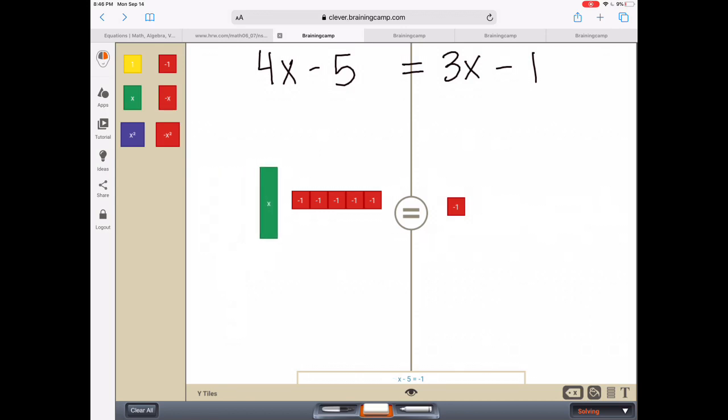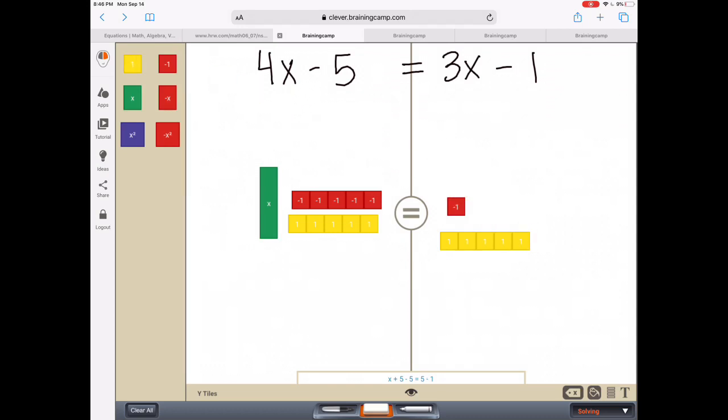And then I still have 1 x left on this side. But again, now I have x over here, but I still want to get rid of this constant, which is a 5. So in order to get rid of this minus 5, I'm going to add 5. 1, 2, 3, 4, 5. And if I add it to the left, I need to also add it to the right. 1, 2, 3, 4, and 5.